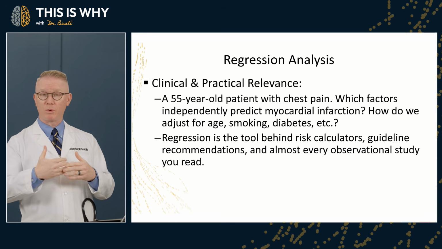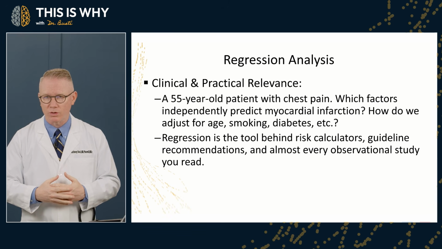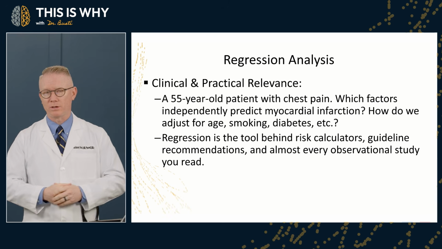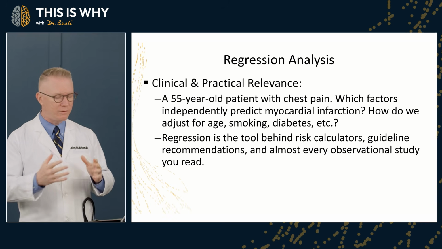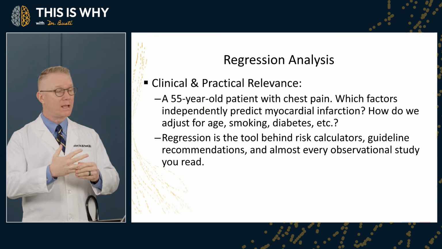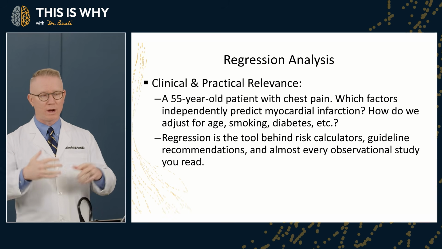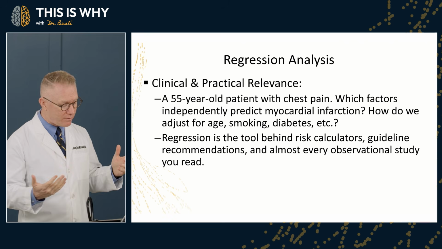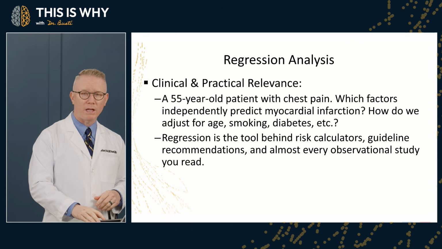They also help us when we're thinking about risk stratification tools. When we think about those patients who have risk factors for a disease, all of these things become important in developing risk calculators. Guideline committees use them for establishing recommendations, okay? And almost every observational study that you read will do that.